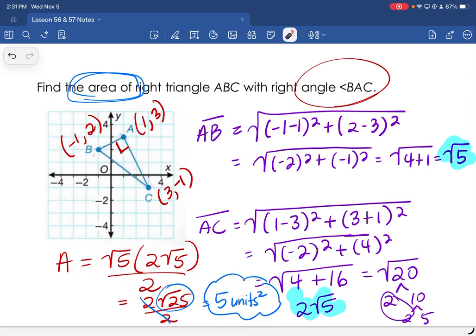This is the part where it got a little sticky because y'all forgot your algebra skills. Radicals inside can multiply radicals inside, so that's root 25. You just distribute them. And then the 2 comes right out here. So 2 root 25 over 2. The 2's can cancel. The square root of 25 is 5. And that is the area.